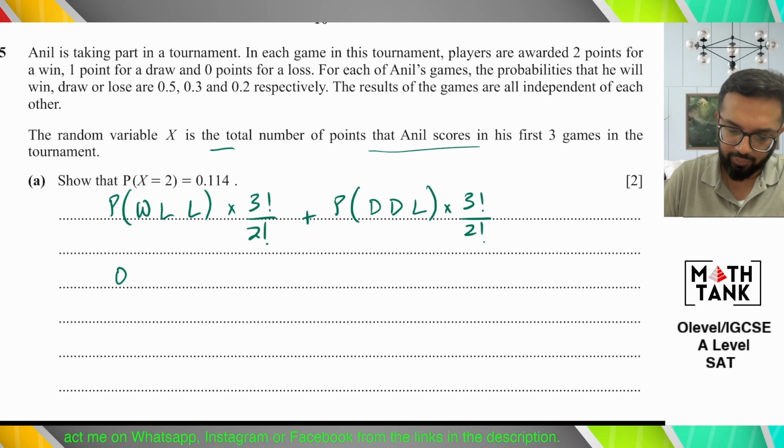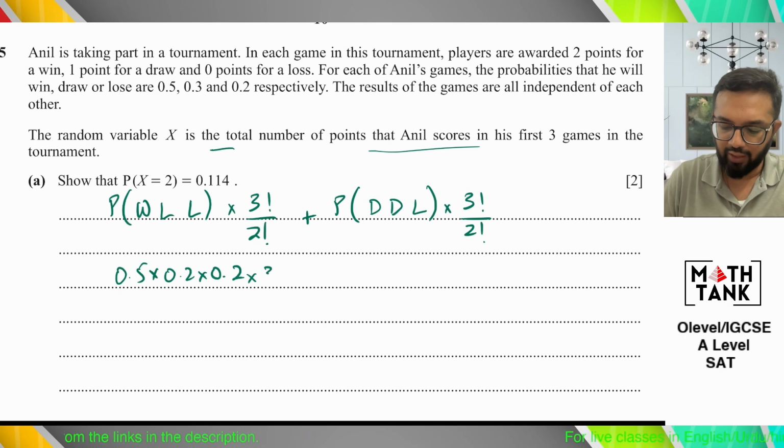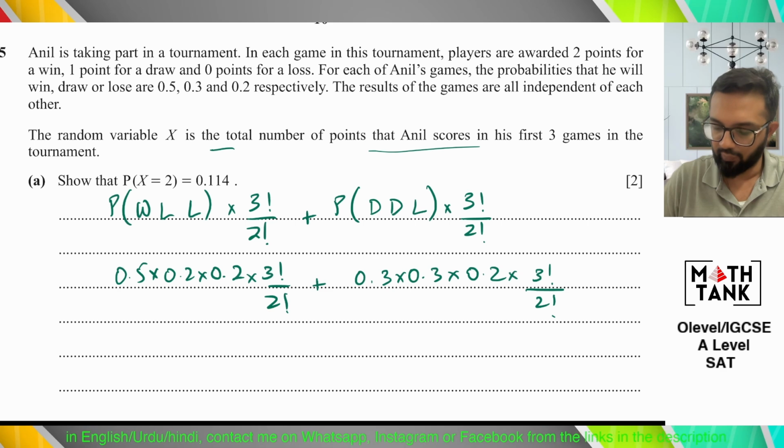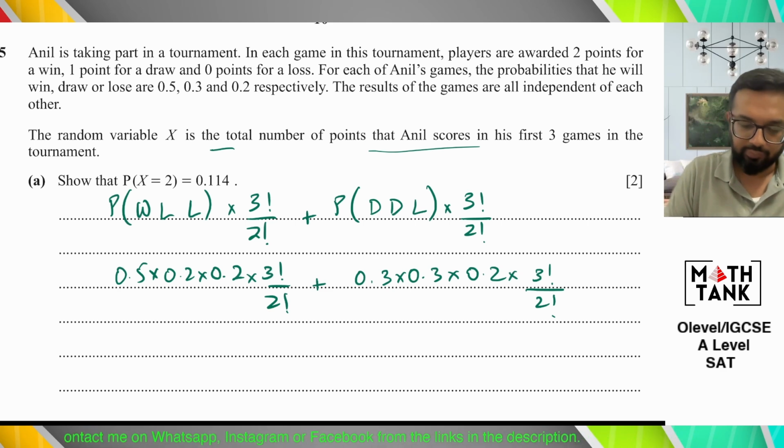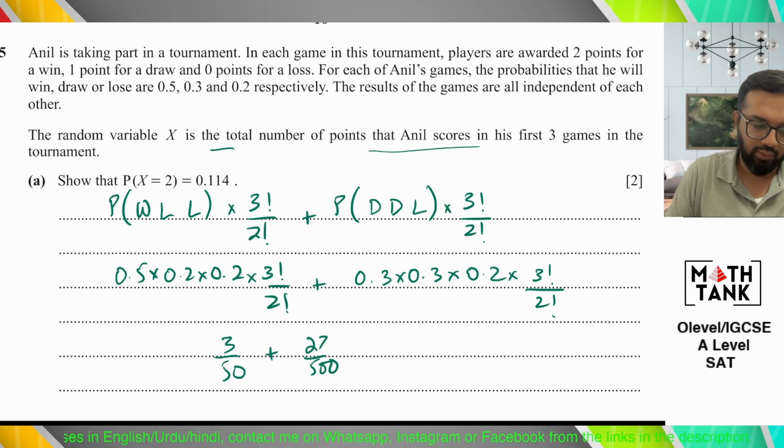So what's the probability of the win? 0.5, lose is 0.2, 0.2, times 3 factorial divided by 2 factorial, and then 0.3, 0.3, and then you lose, which is 0.2. 3 over 50, 27 over 500, 0.114.